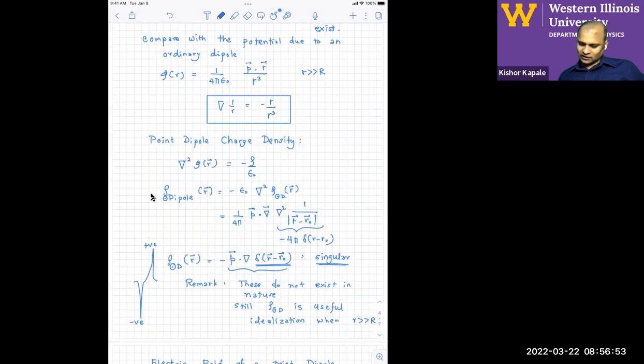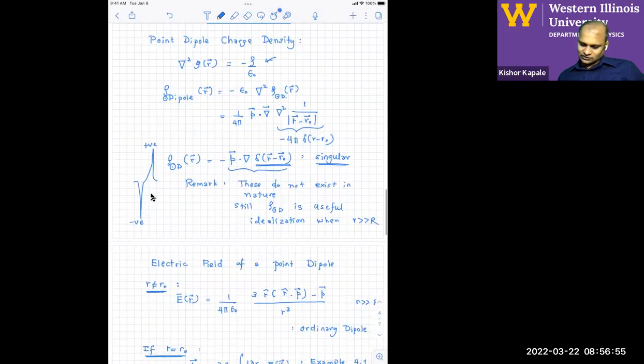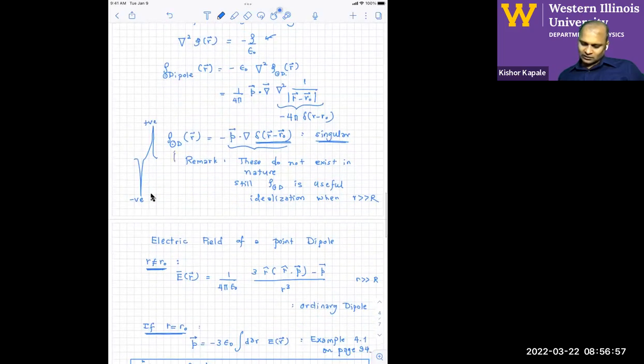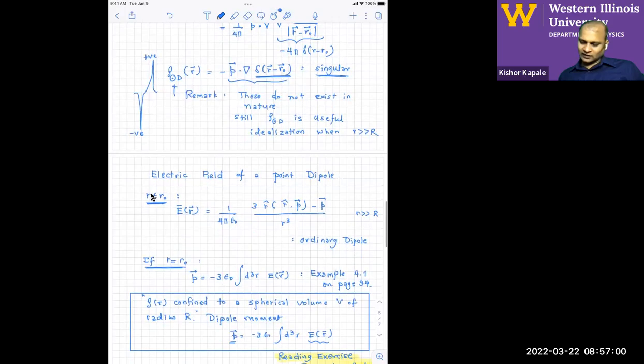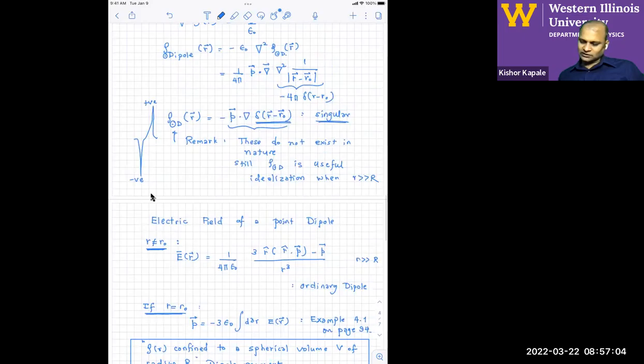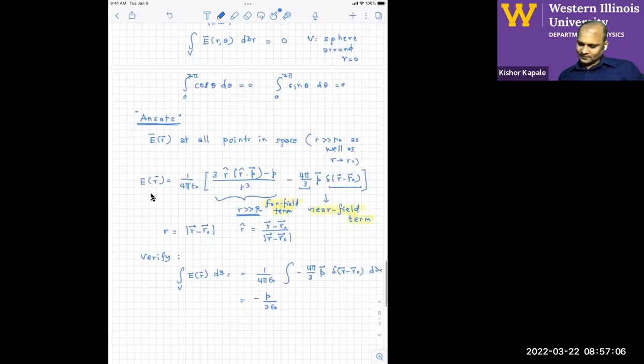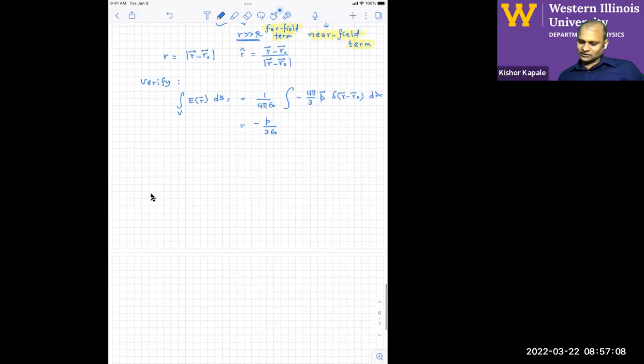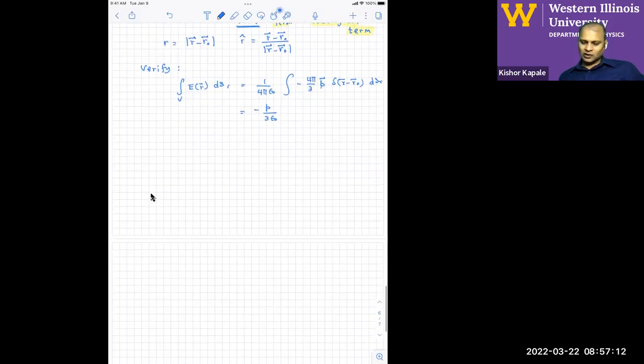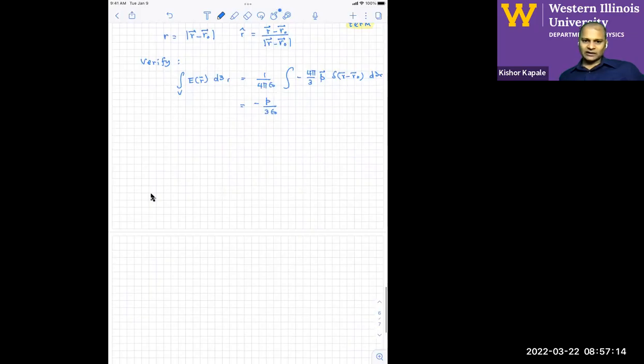So we saw that it looks like this. So then the charge itself looks like that, and then we combine those two, essentially looking at this combination of Gauss's law and that Laplacian expression that we had for the point dipole electric field. That's how you get that.